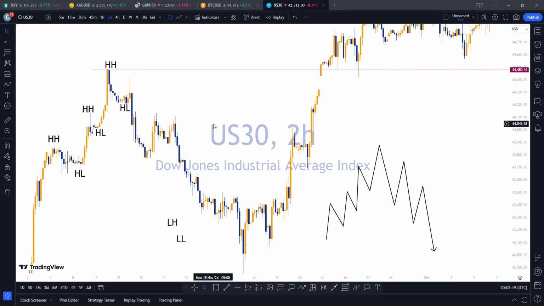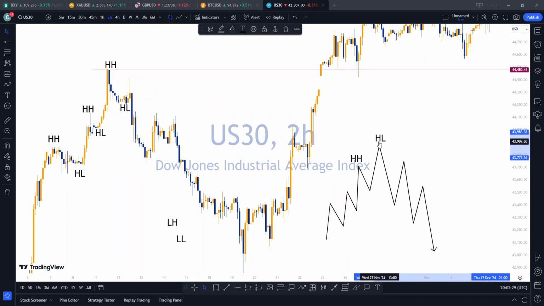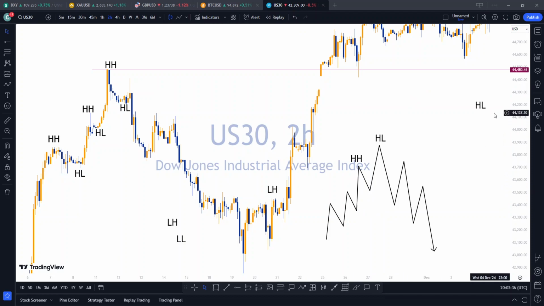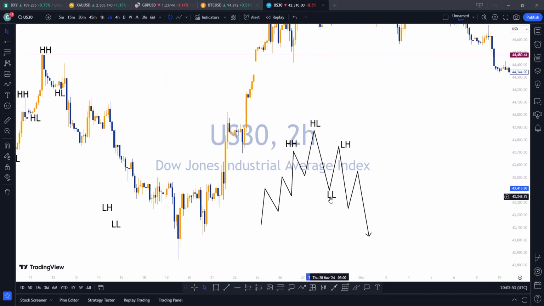And you can see the market has changed from a higher high and a higher low, right? Now the market has changed to a lower high, then we have a lower low, right?